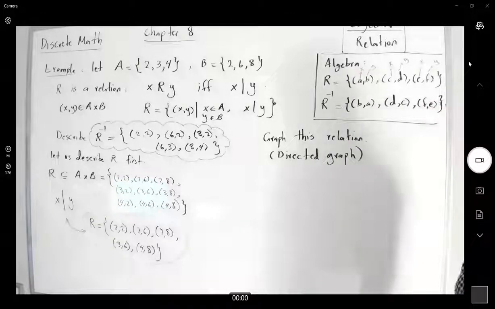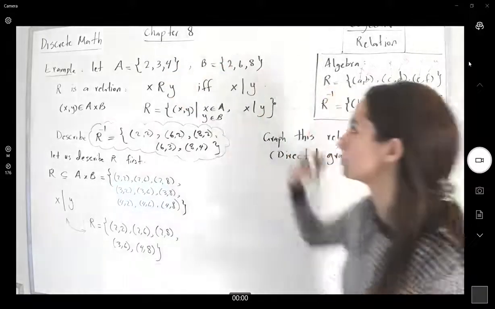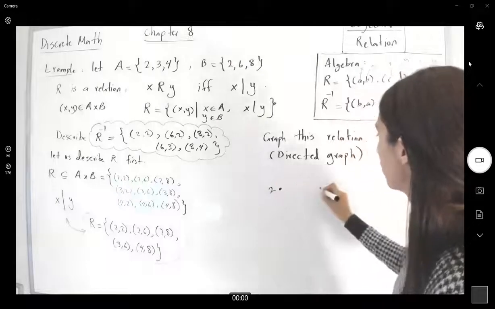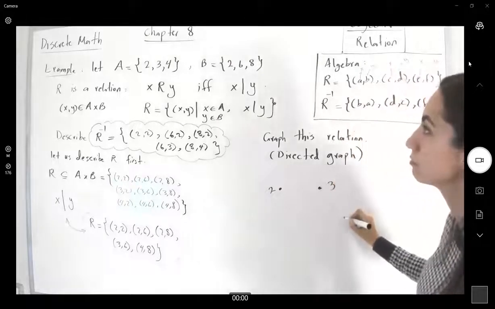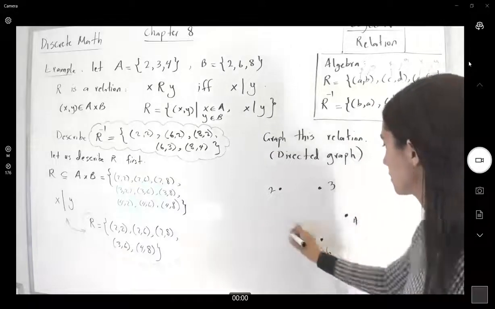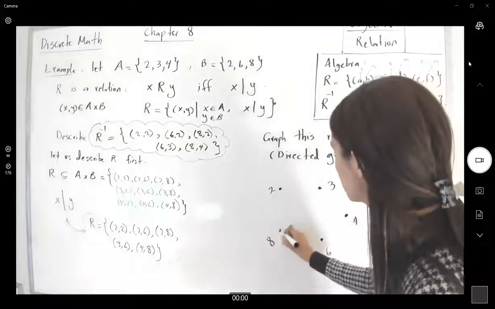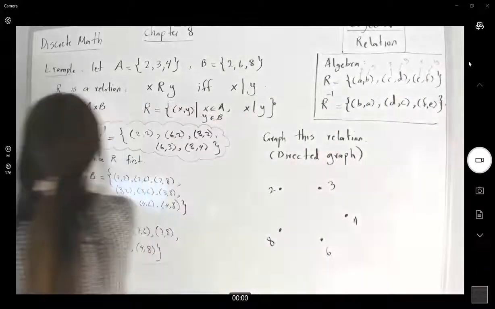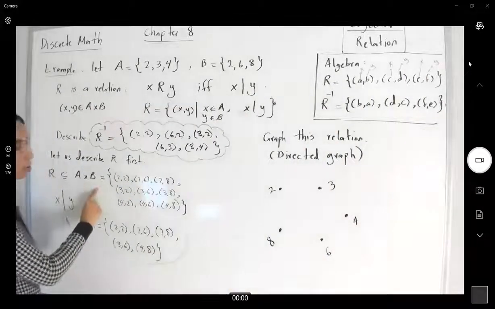We're going to list all elements in A and B: 2, 3, 4, 6, 8. This relation is a subset of the Cartesian product.